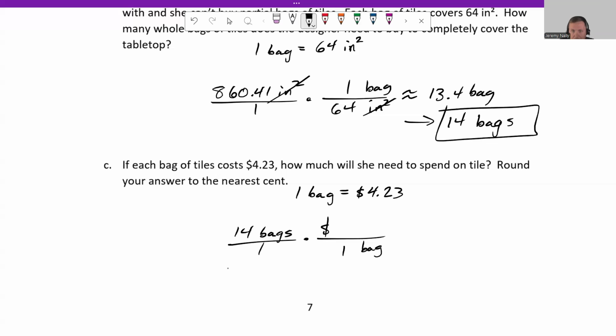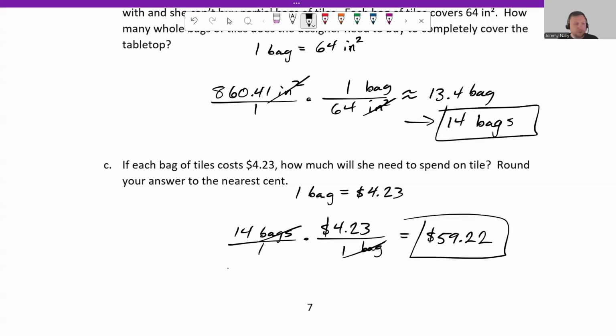So one bag is $4.23. So bags can cancel out. So I'm taking 14 times 4.23. And I'm just emphasizing unit conversions. This last one, if you just want to use your good old common sense to figure it out, that's perfectly fine.